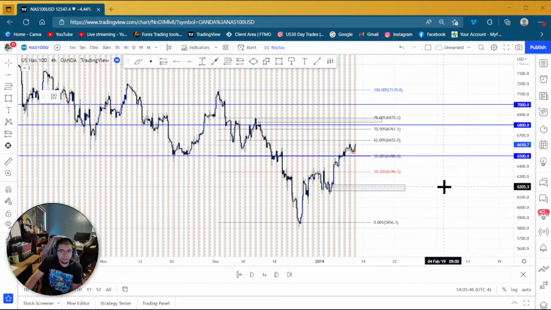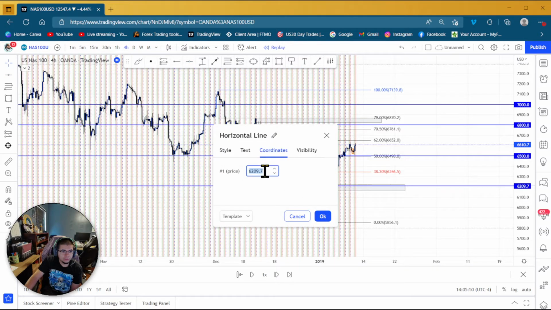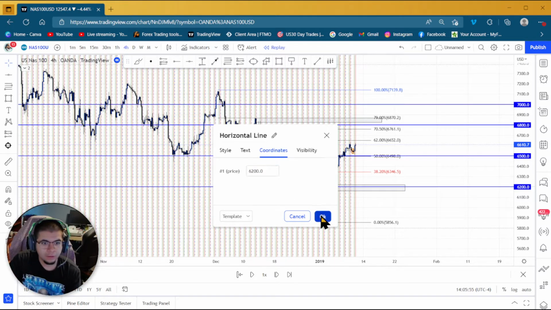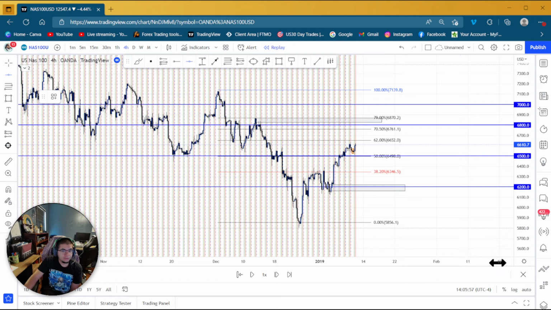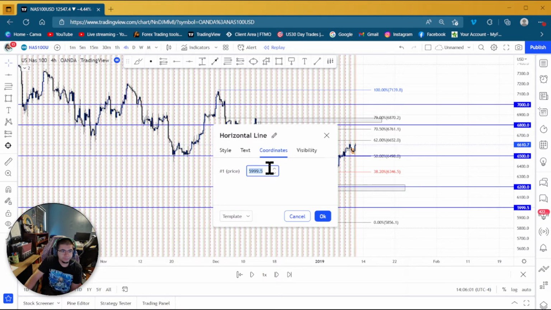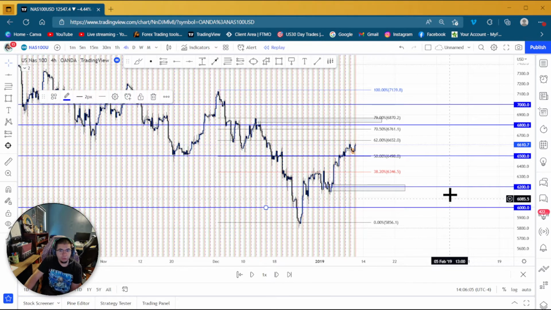The 200 is another one. And then the whole number 6,000 right here. So we have whole number 200, 500, 800, and 700. And there's mid-figure levels all within this range.